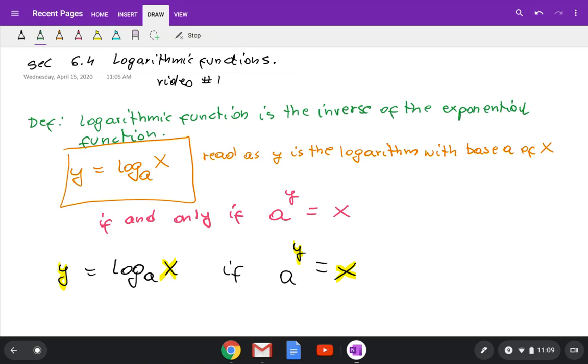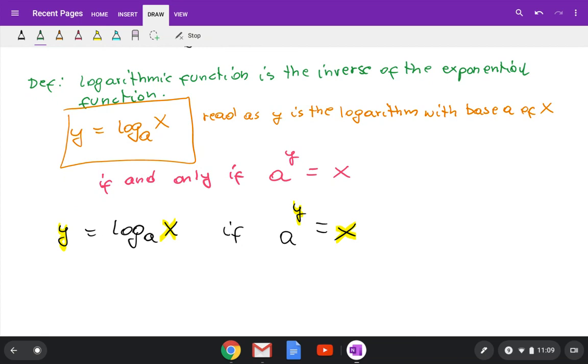So let's just quickly catch up that index a is the base. What we know about base, like with exponents, is that base has to be a real number greater than 0, and a can't be 1.